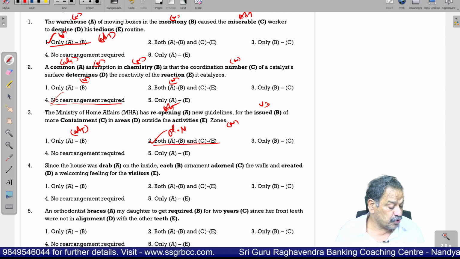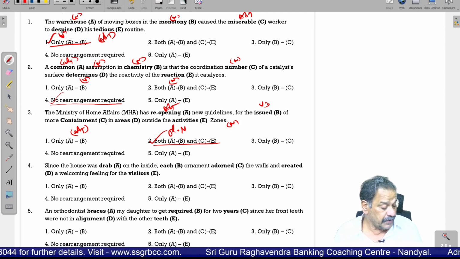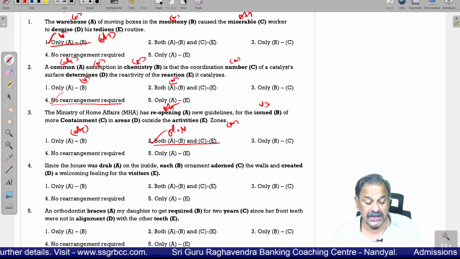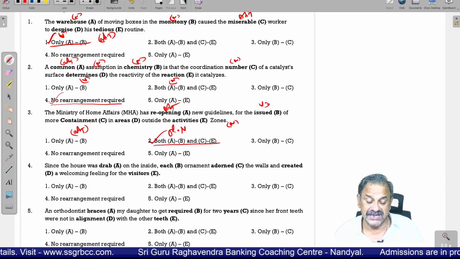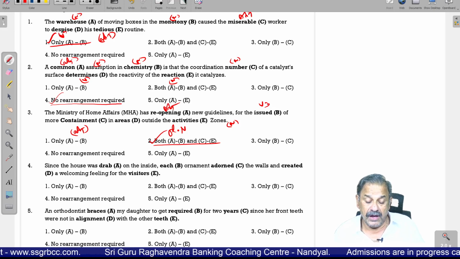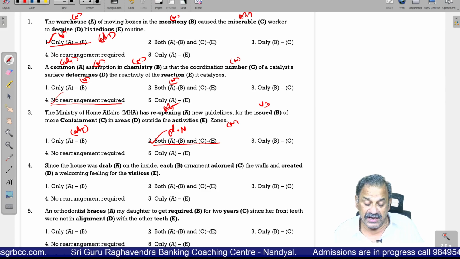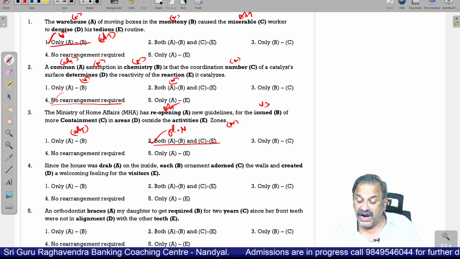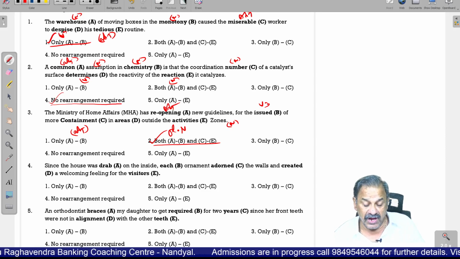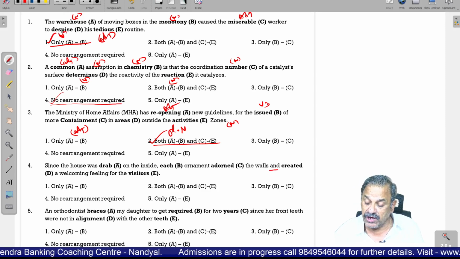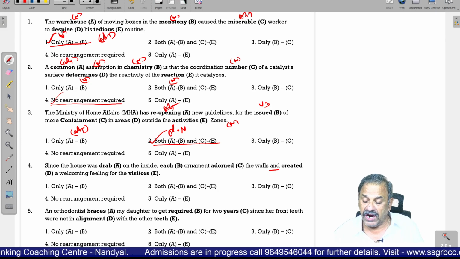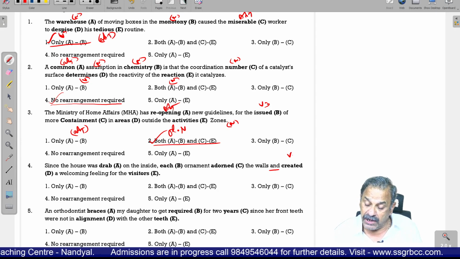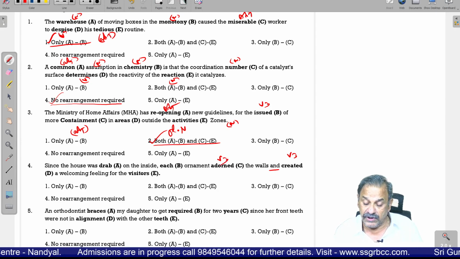Then fourth one, Nana. Since the house was draped on the inside, each ornament adorned the walls and created parallel usage. Adorned the walls and created, after V3 and before V3.